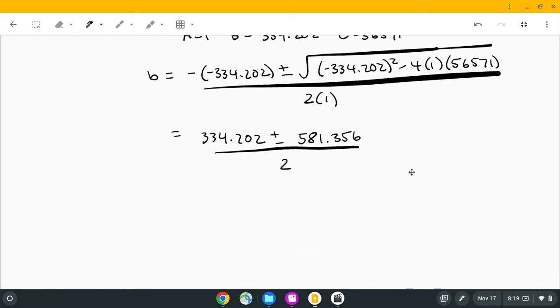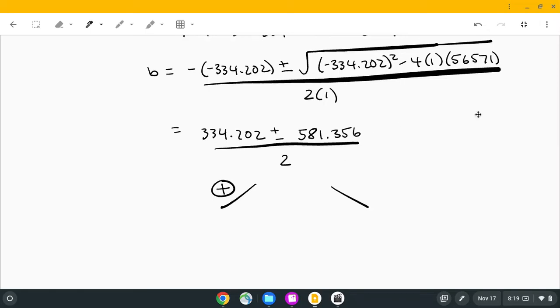Okay, and so here when we do the addition portion of it, we end up getting 2 answers, right? When we do the addition, 334.202 plus 581.356 divided by 2, you will get 458 when we round off, because we need 3 significant digits.